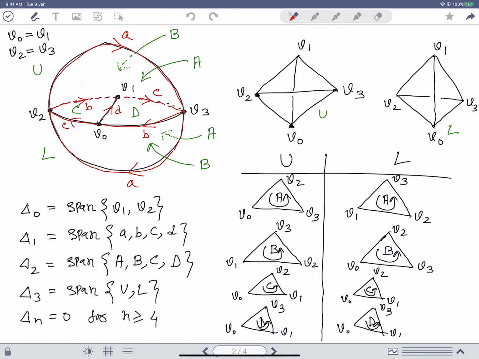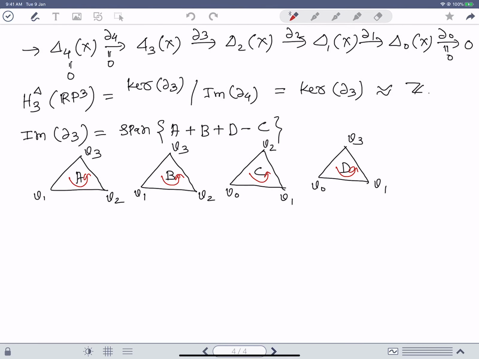Okay. Now you can check that V1, V2 means B is from V2, V1. The small b, from V2, V1. Okay. So V2, V1, that will be small b.